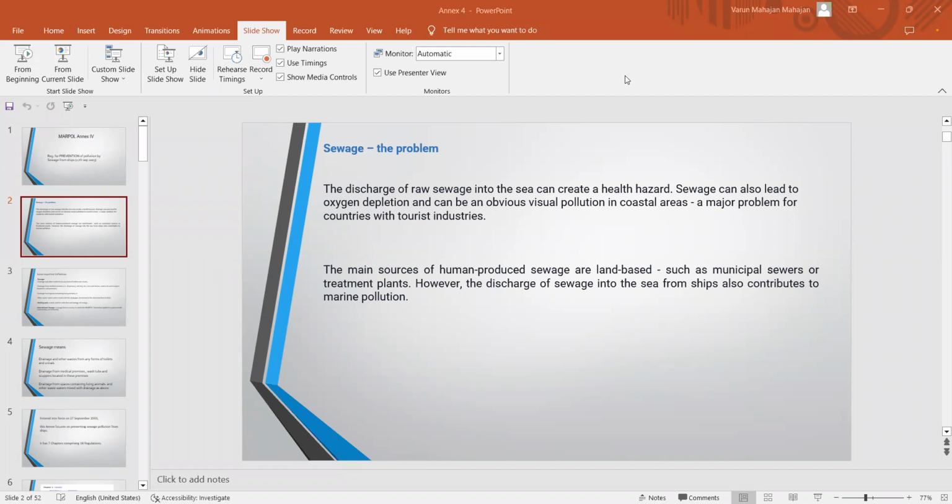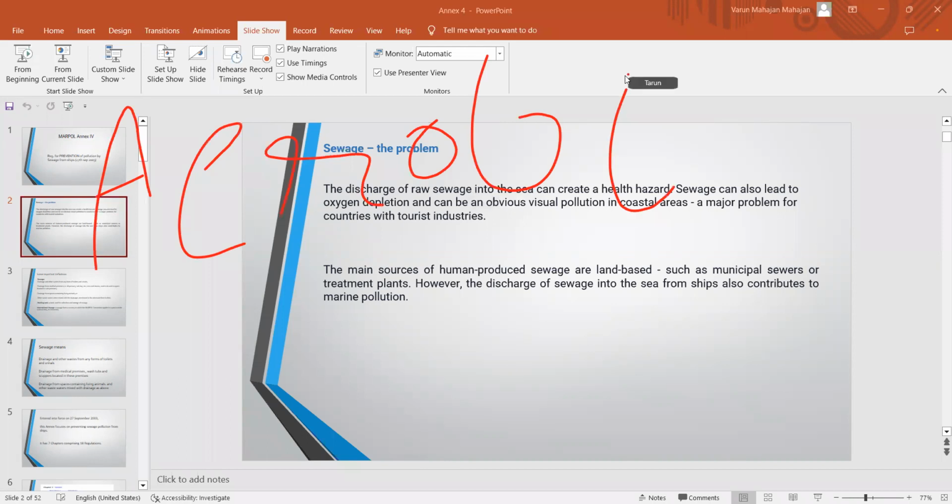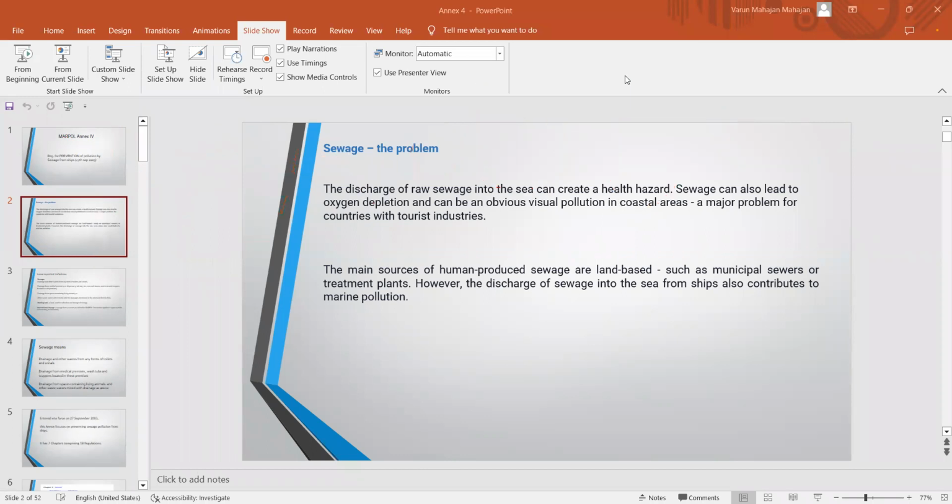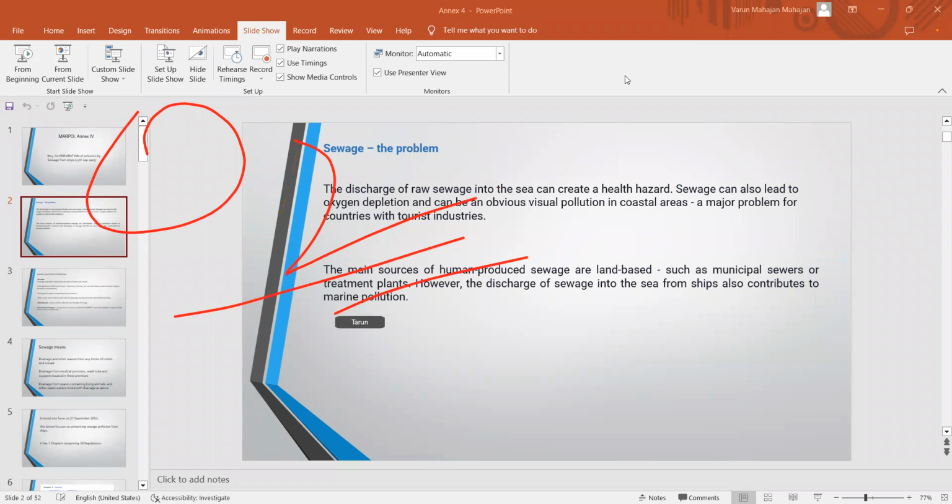In how many ways can we decompose sewage? You must have heard the term. Two ways, I think. Yes, and what are those? Aerobic and anaerobic. Aerobic means decomposing the sewage in the presence of oxygen, and anaerobic means when there is no oxygen.